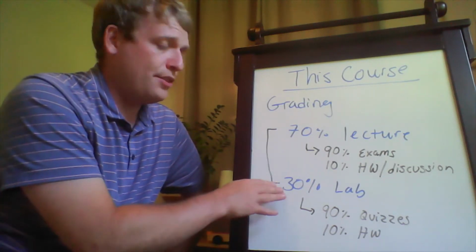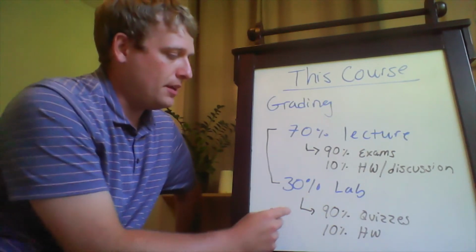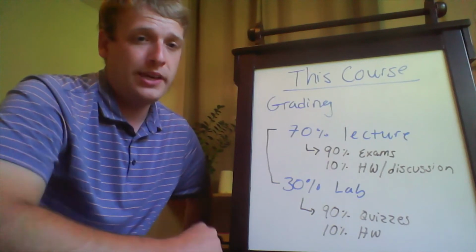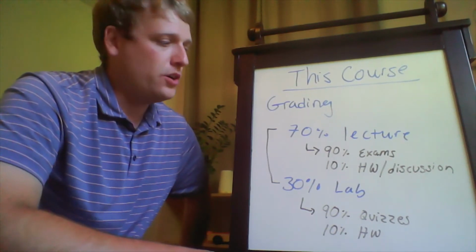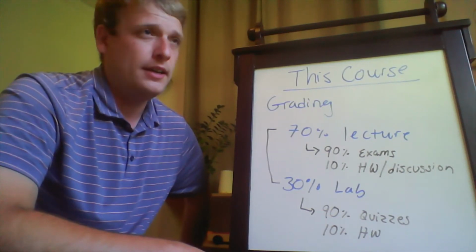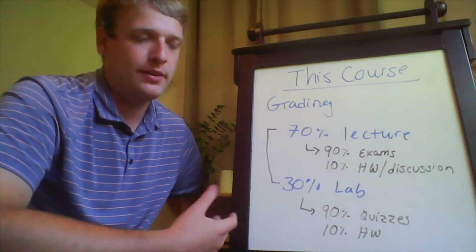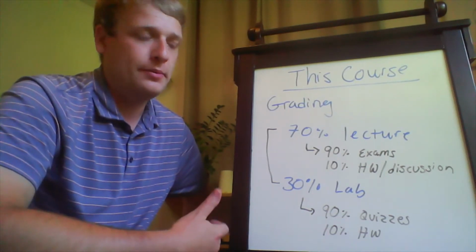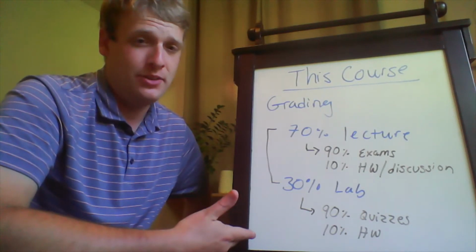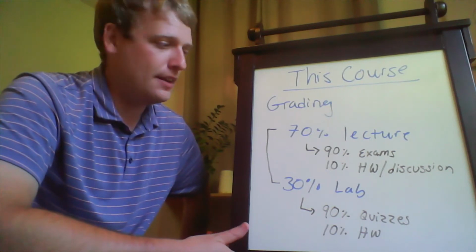Now, the 30% of your grade that comes from lab is going to be calculated primarily as follows: 90% of that lab grade is going to come from a weekly lab quiz. So for every week, you'll have 2 lab modules, which are going to be 2 sections from your lab book that describe experiments and activities that we would normally be doing in a wet lab where we're doing dissections and things like that.